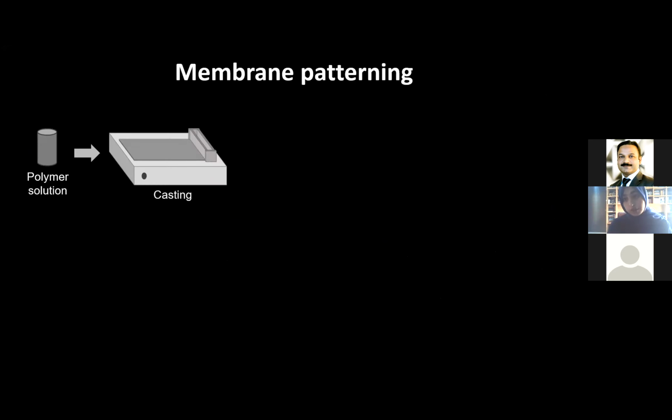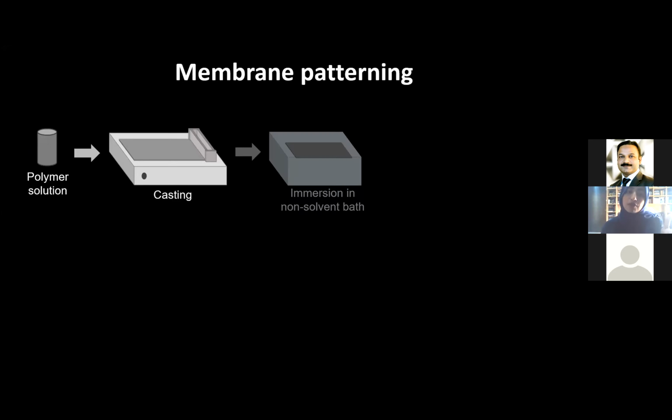So just as a recap, during the conventional phase inversion process, the polymer solution is added into the casting knife, a conventional one, which casts a wet polymer film. And then we immerse it in a non-solvent bath, which is usually water. And by immersion, it creates phase inversion and solidifies the membrane.